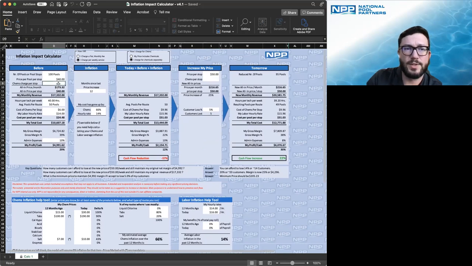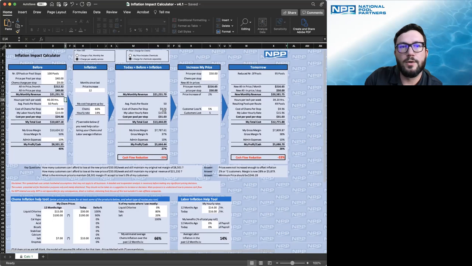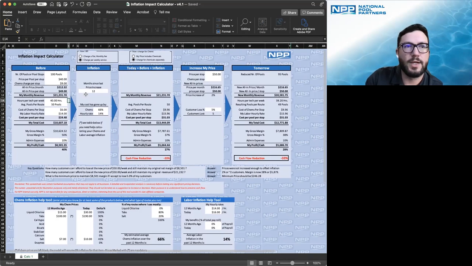If this company historically was charging a 50% markup, they were used to having their customers spend $9 on chemicals every visit. But with the 66% inflation they've seen in the last 12 months on chemicals, their new cost per stop actually eclipses what they used to be charging the customer for the chemicals.